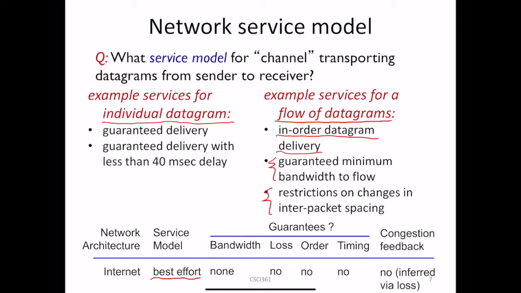So that means the network layer cannot guarantee the bandwidth, the packet loss, the order, the timing, and even congestion feedback. The routers cannot provide it to the sender, because the congestion will be inferred through packet loss, as we already mentioned in the TCP protocol.